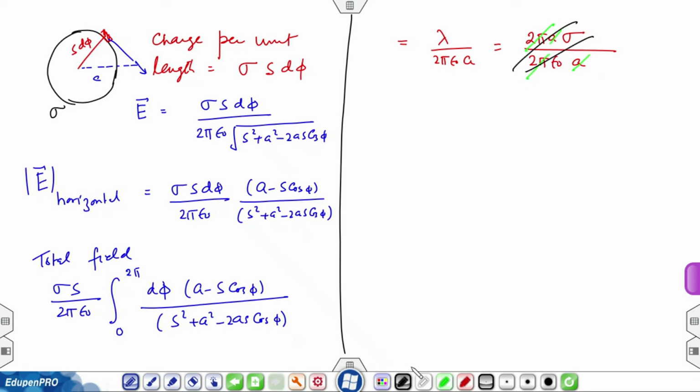Lambda is 2 pi S, S is the radius of the shell, times sigma, divided by 2 pi epsilon 0 A. Now I can cancel this 2 pi and 2 pi. So, this comes out to be S sigma over epsilon 0 A.